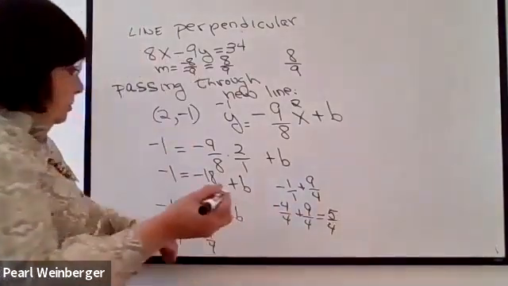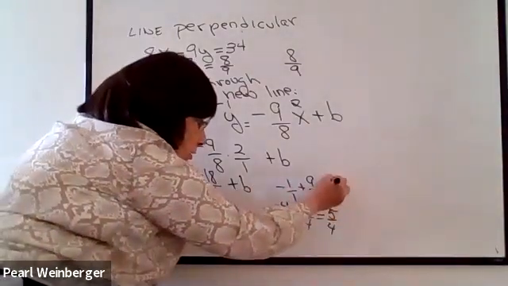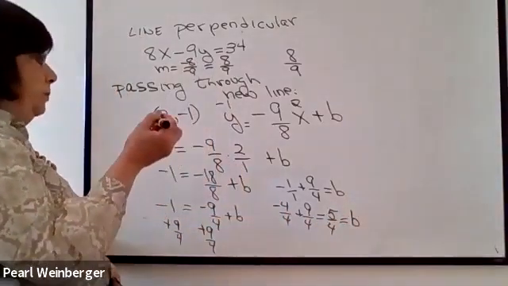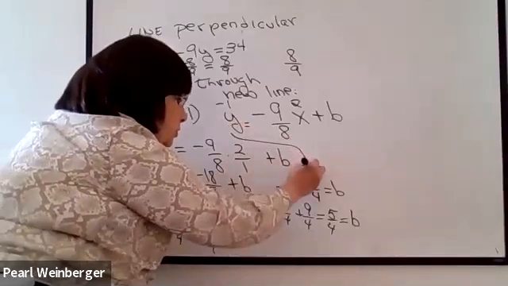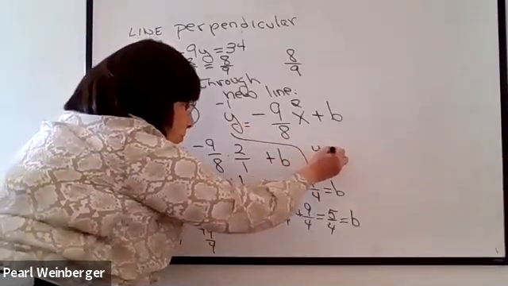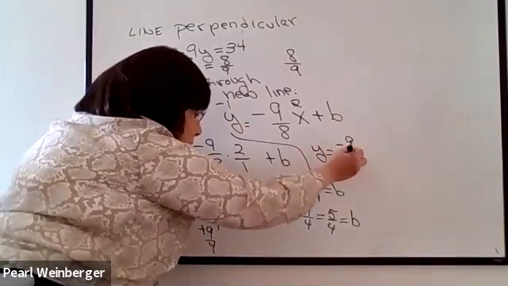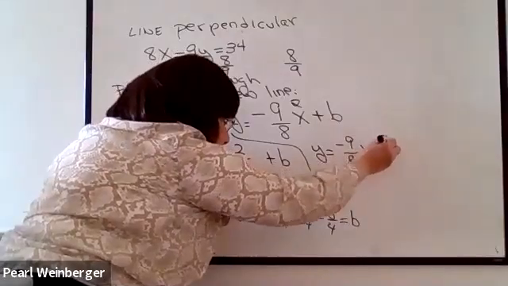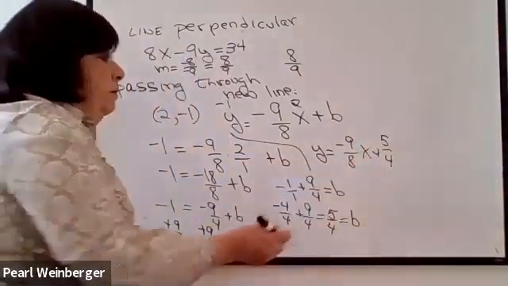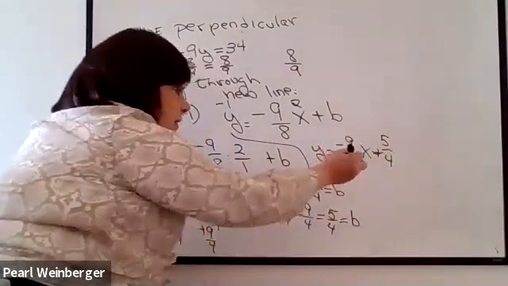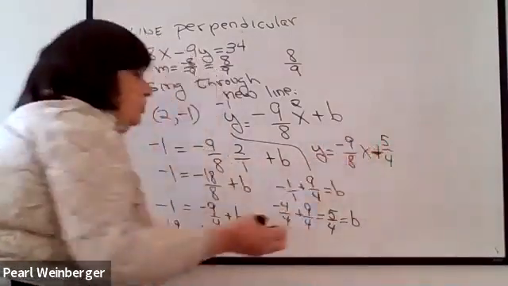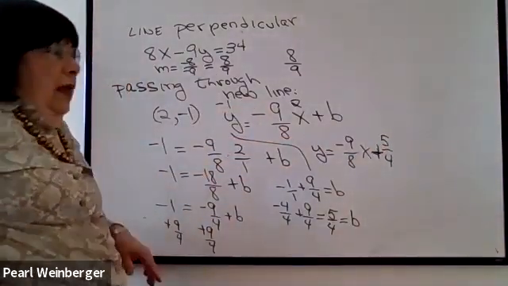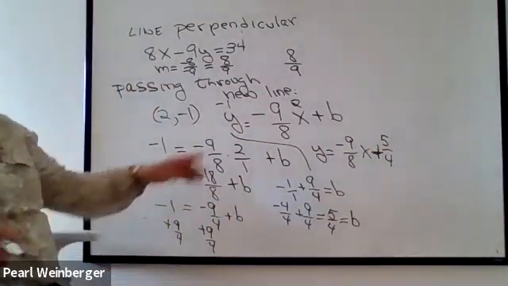So your b turns out to be 5 over 4. And then you can write your equation this way: y equals negative 9 over 8x plus 5 over 4. Again, my feeling is that if they're difficult fractions, you're going to be able to pick the answer out by just looking at the choices.